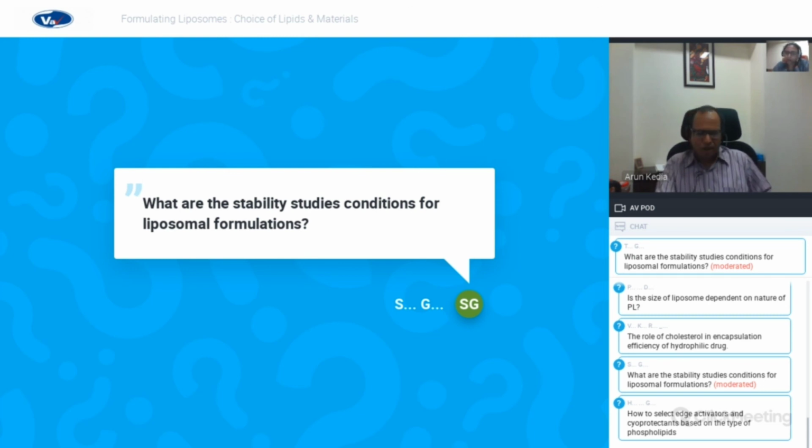Actually, on the stability of liposomes, the choice of lipids is a critical factor. And if you chose a wrong lipid, then you can have disastrous stability challenges. And the problem is that if your liposome was designed to be stable under refrigeration, which means 2 to 8 degrees, there is no accelerated study possible which is extrapolable.